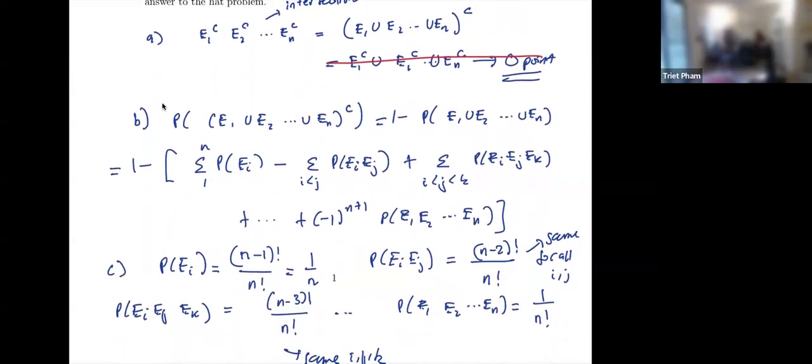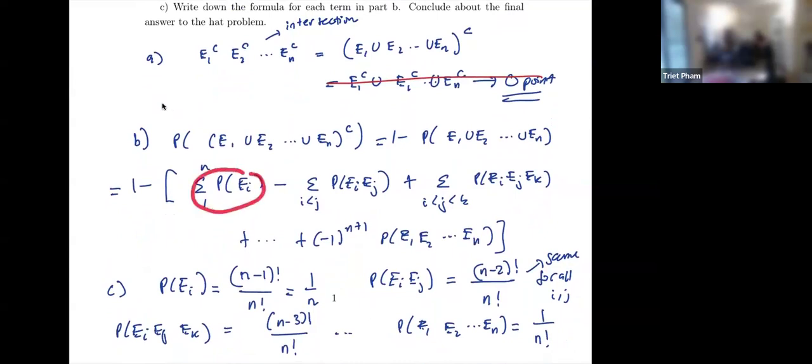Notice that order does not matter here. You only do it once for each layer. And then the whole point is we just need to calculate these probabilities and plug them into the sum to get the answer.